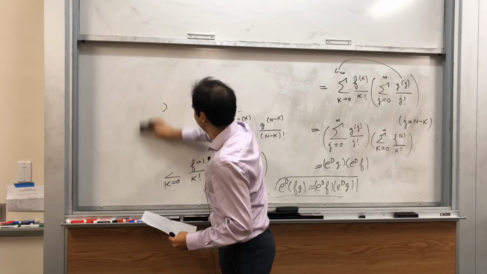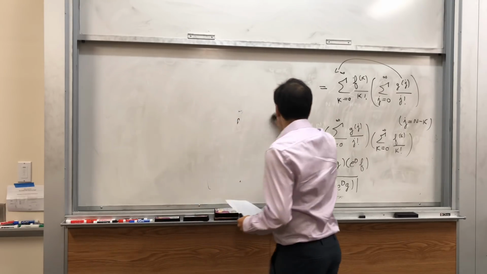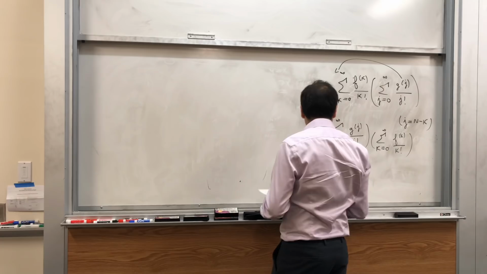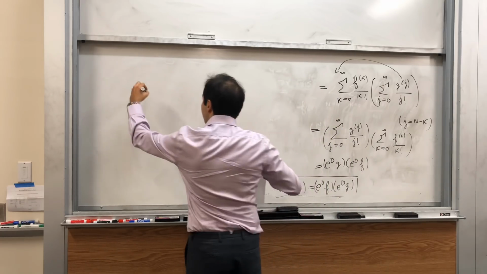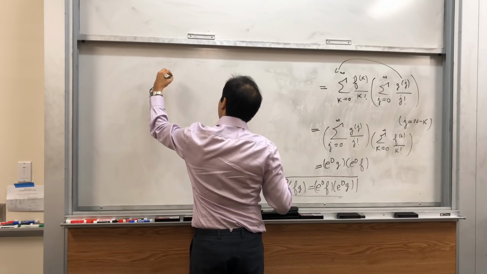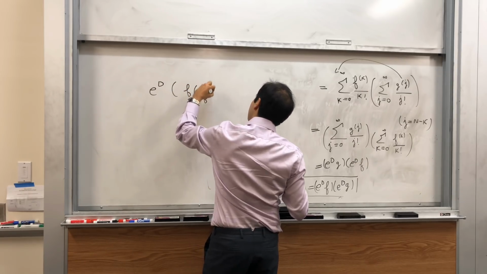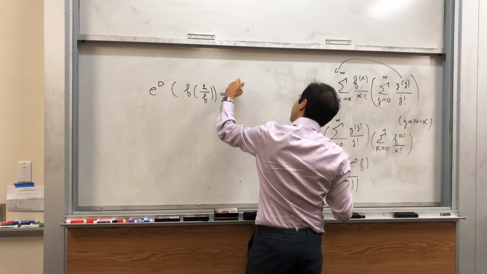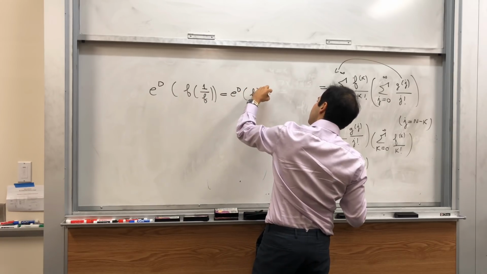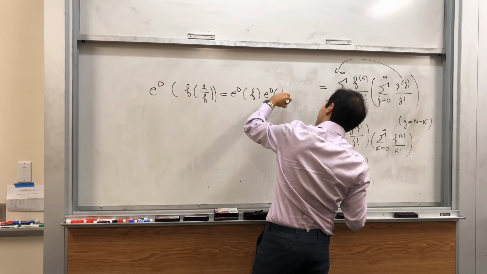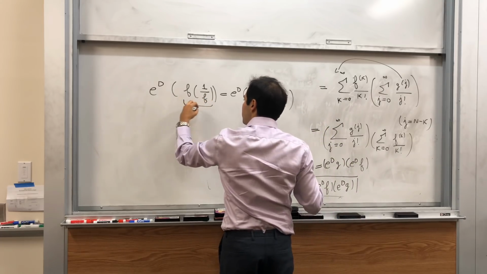Because, first of all, we have this nice identity, e^d of fg is e^d of f times e^d of g. In particular, e^d of f times 1 over f becomes e^d of f times e^d of 1 over f. But that's just 1.